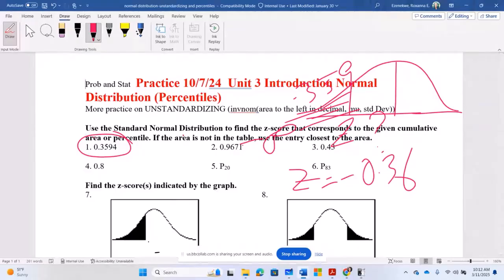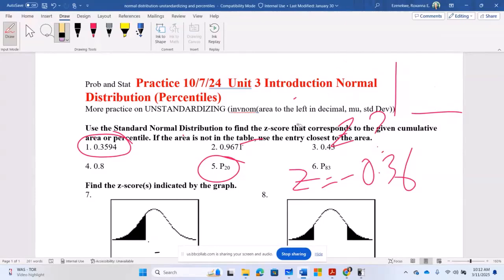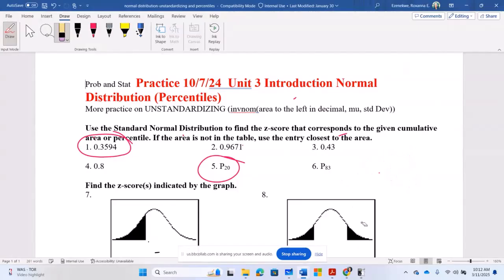The same thing happens here. If I'm told to find P20, it means the 20th percentile, the same way I did the other one. The 20th percentile is area to the left, 20%. So I'll draw a normal curve, representing 20% of the normal curve on the left.